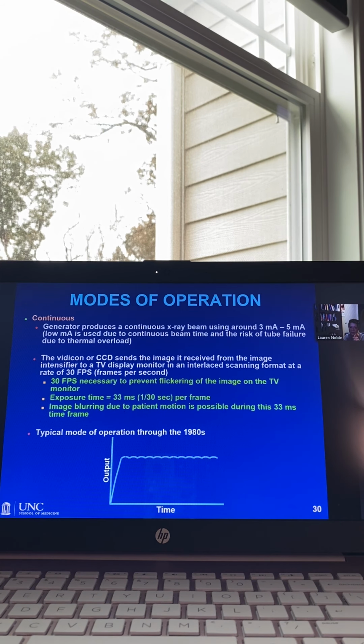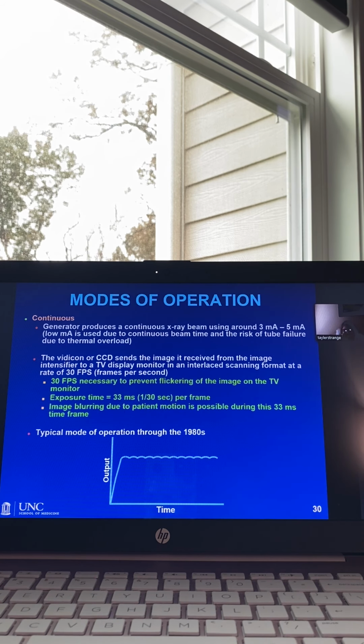Okay. Generally speaking, do we want the highest MA and the lowest time, or the opposite? High MA in short time, right?